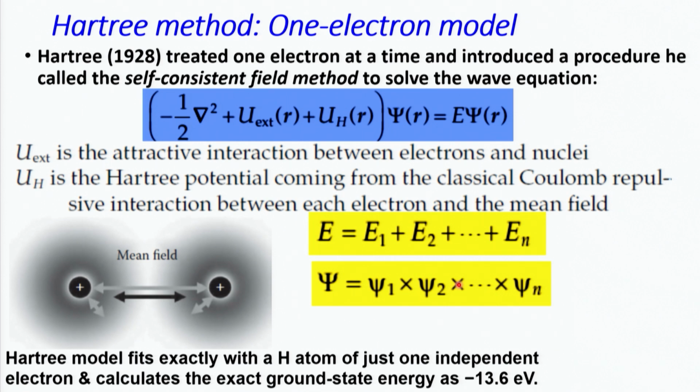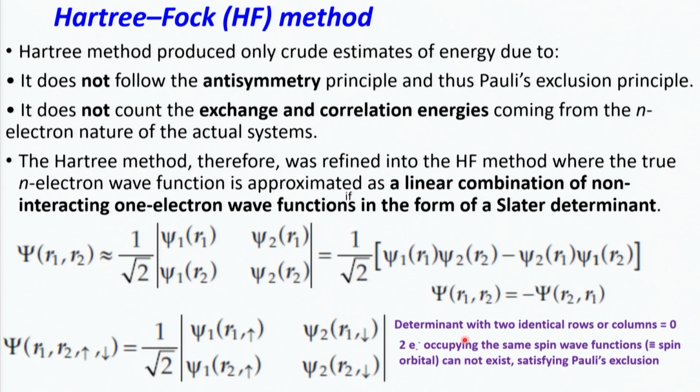Okay. The Hartree method fits exactly for a hydrogen atom with just one independent electron and calculates the exact ground state energy of about minus 13.6 electron volt. But there is a certain drawback in this Hartree method. The first drawback is that the electron wave function is antisymmetric. That means if you interchange the positions of two electrons, it should change its sign.